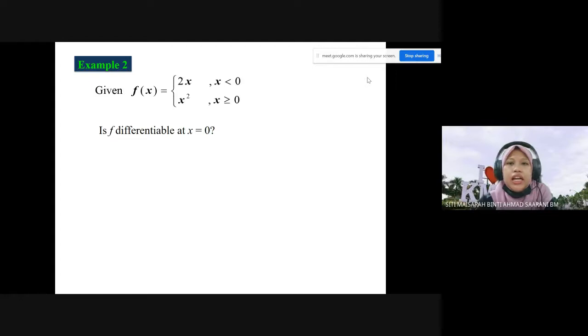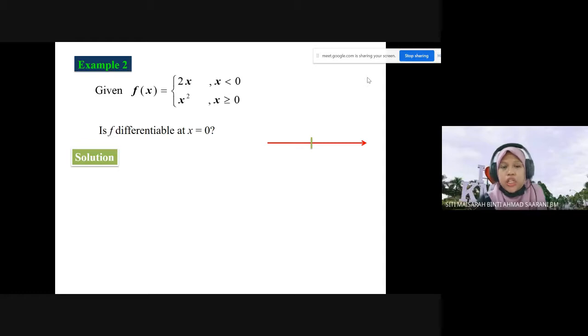So then kita akan pakai, kita akan cari f prime 0 lah for this case, f prime 0 from right, f prime 0 from left. So formula dia yang sama tadilah, f prime a equals to limit x approach a fx minus fa over x minus a.